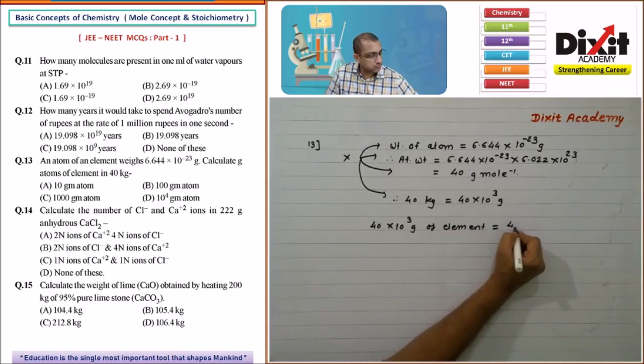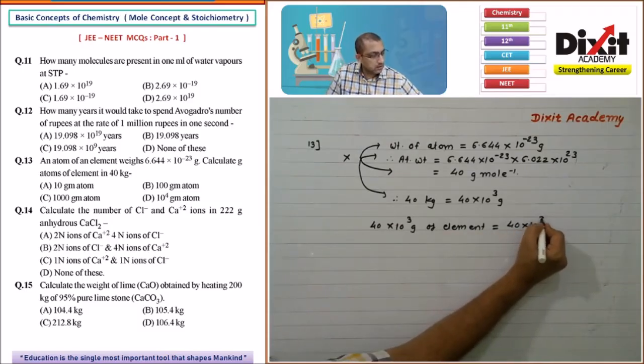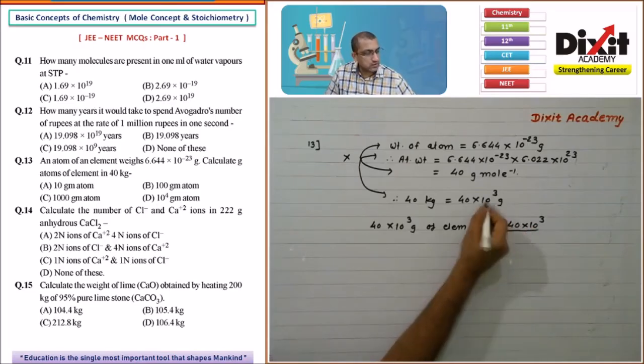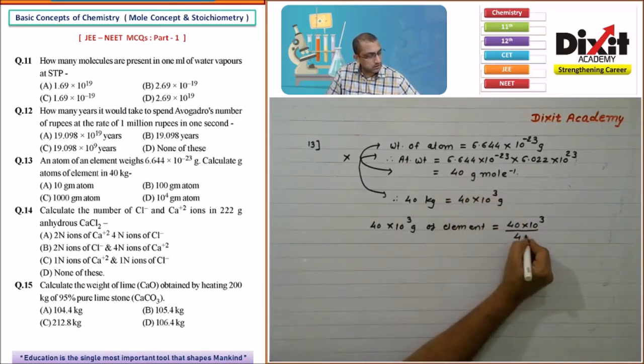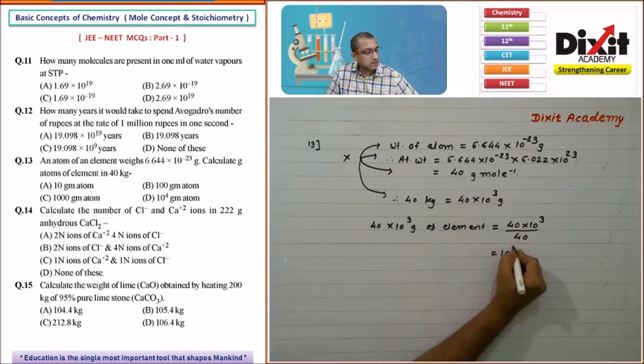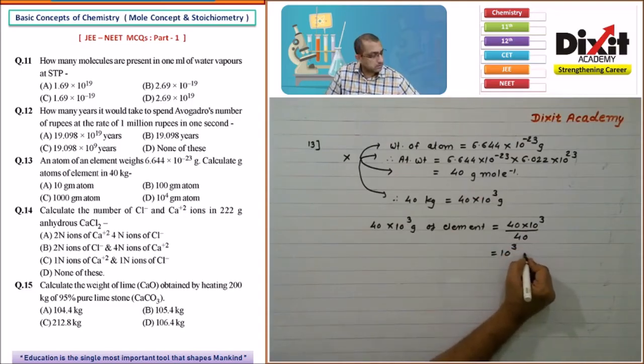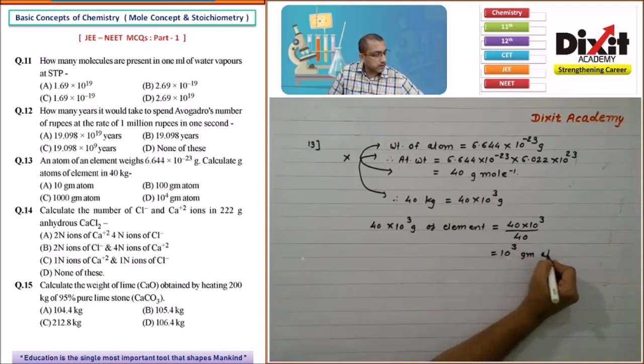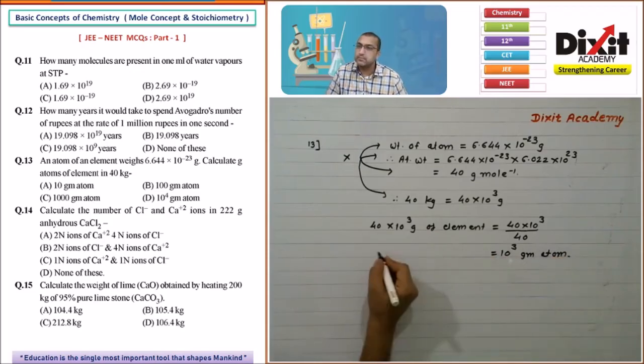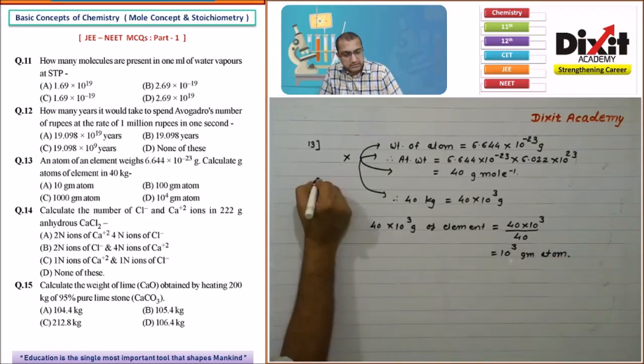That is 40 into 10 raised to 3, that's total given weight, divided by its atomic weight. So 10 raised to 3 gram atoms. So correct option is C.